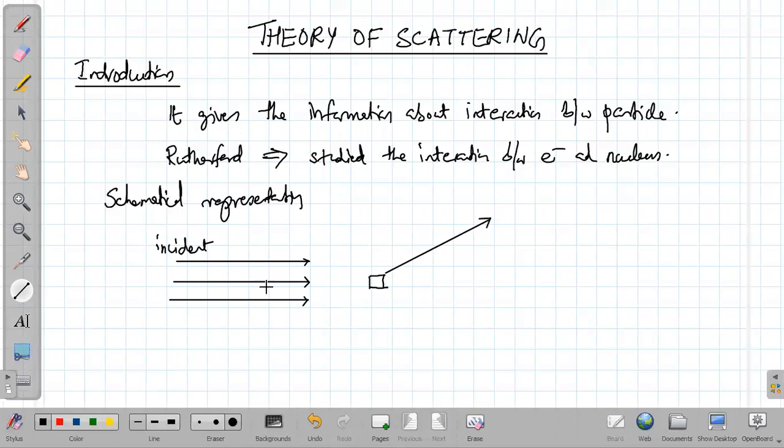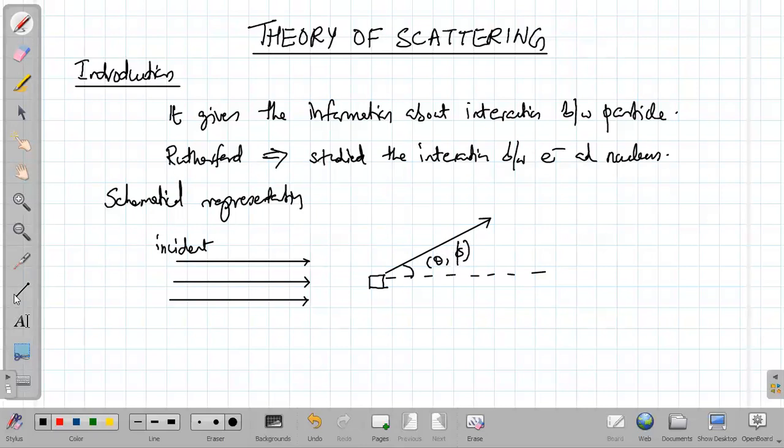This direction we can specify using the spherical polar coordinate system. There would be some angle theta and angle phi.